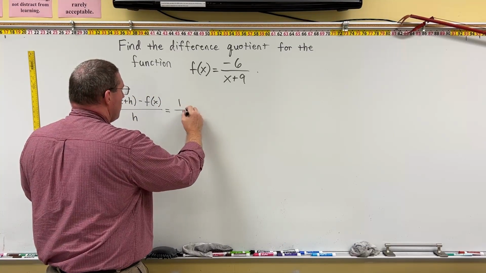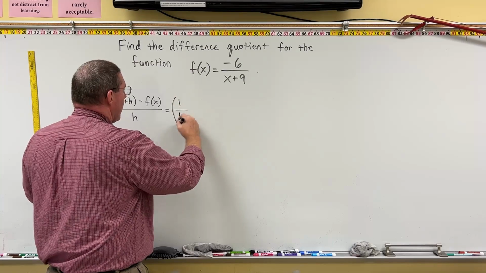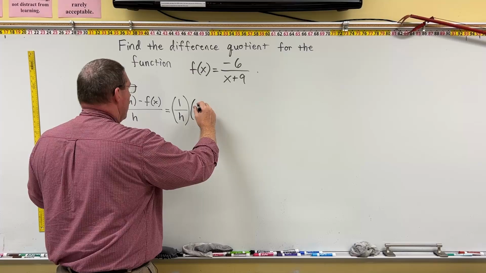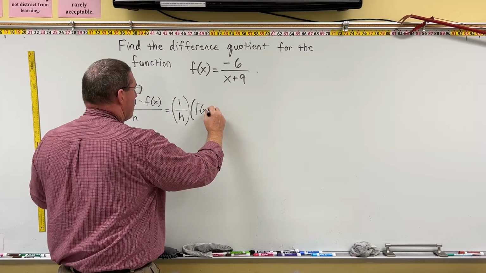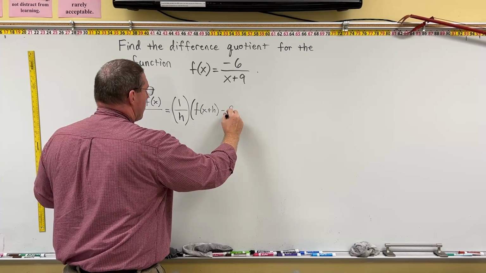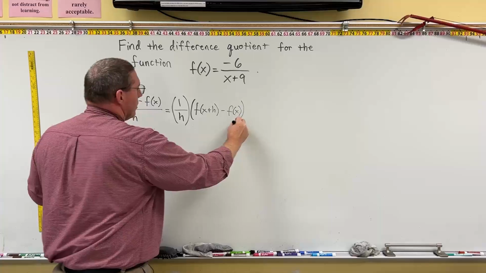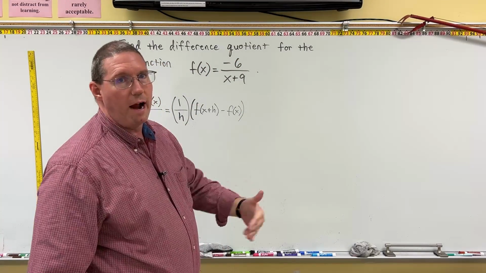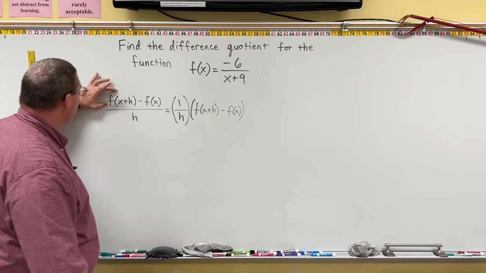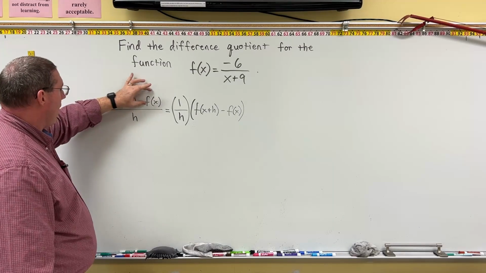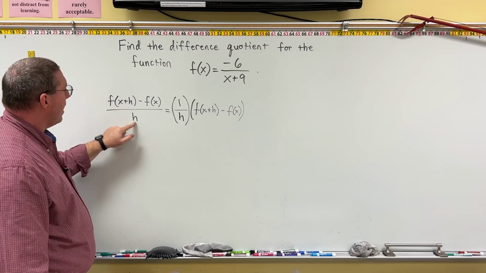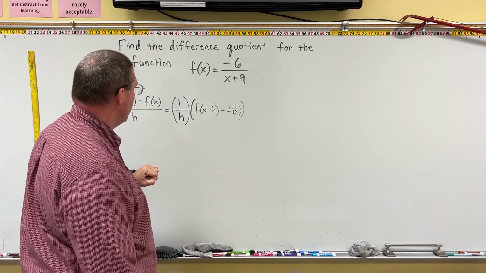This is the same thing as 1 over h times f of x plus h minus f of x. Why am I doing this? Well, I'm doing it because we're about to deal with a fraction, and we don't want fractions in fractions. I don't want two fractions in the numerator of a fraction. So I'm going to take out 1 over h, okay?